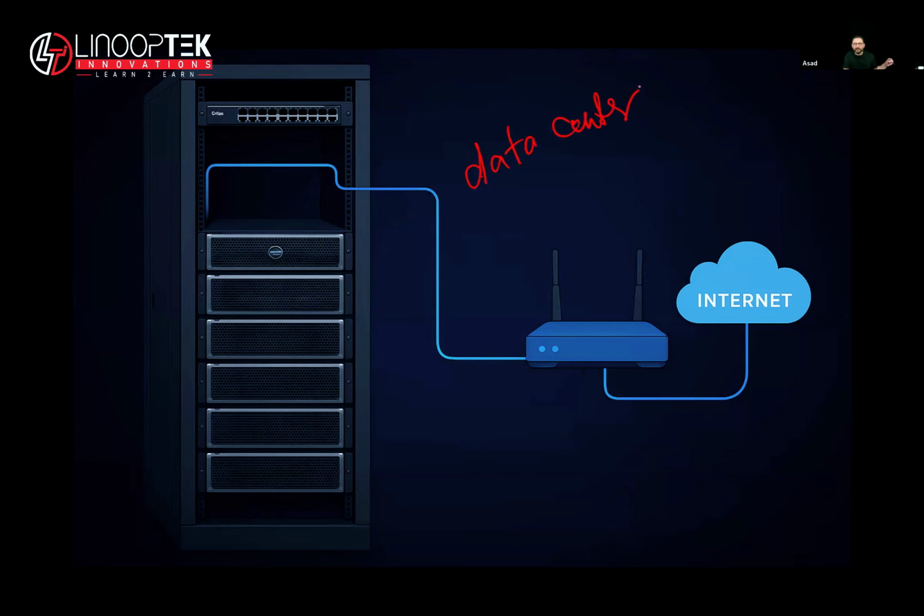Now things are changing a little bit, and I'm going to talk about how things are changing. Not every company needs to have a data center because of cloud computing. This we will look at when we talk about cloud computing. But back in the days, and even still to this day, if you're an enterprise, a big company like AT&T, Google, Facebook, Meta, a data center holds computers, networking equipment, servers, storage devices.